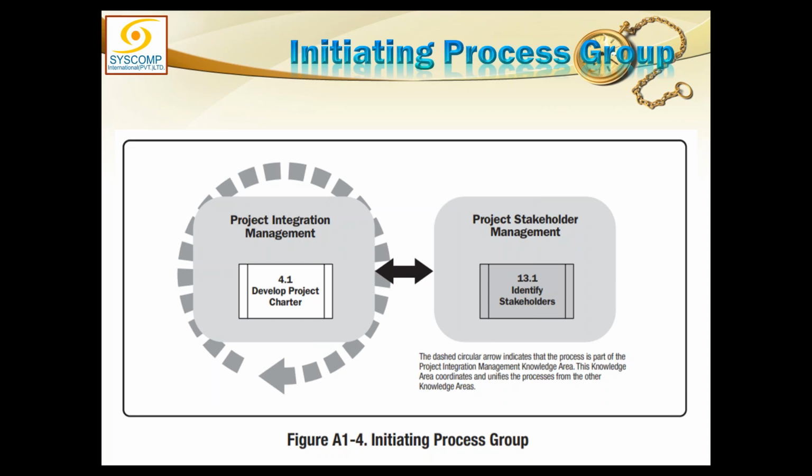Let me go through them very quickly, and naturally we will talk about each knowledge area later. But first of all, initiation process group. If you have listened to the previous two lectures, you would know that in initiation, we only have two processes. One is develop project charter, and the other is identify stakeholders.